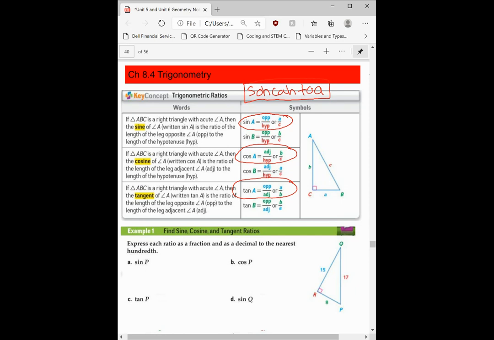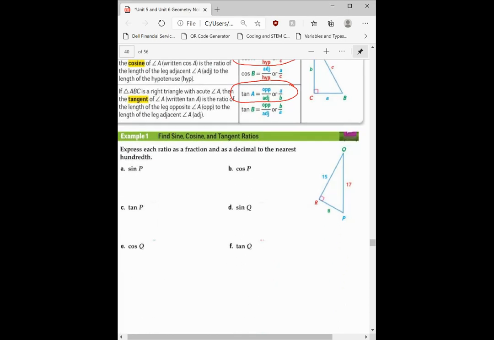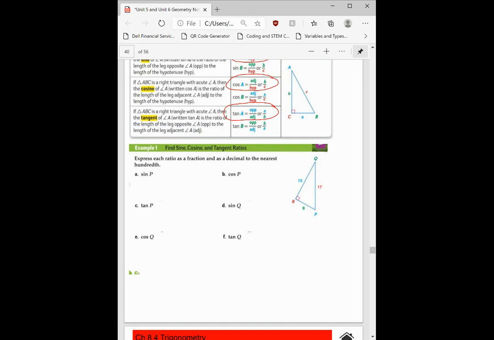Let's go ahead and look at example 1. So example 1 says express each ratio as a fraction and as a decimal to the nearest hundredth. So we need to find sine, cosine, tangent, all these ones here, just looking at the diagram off to the right.